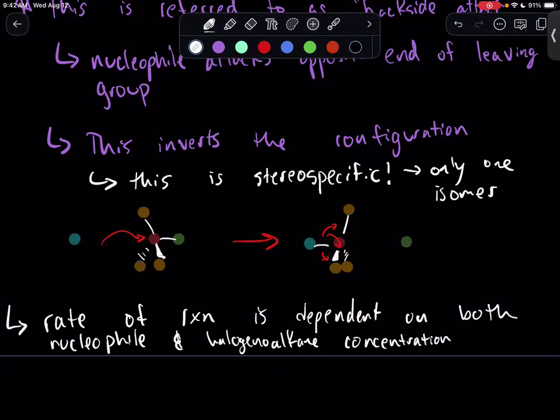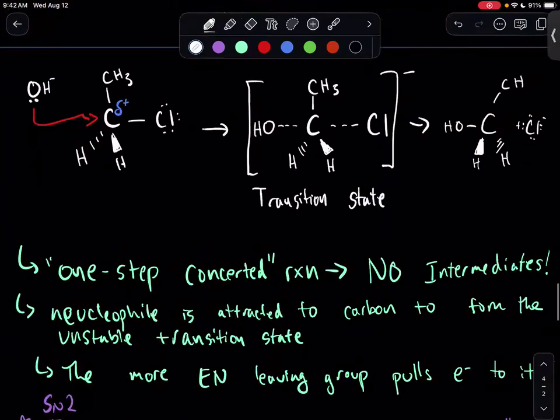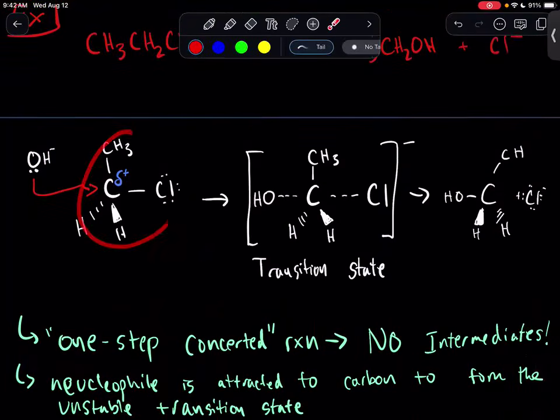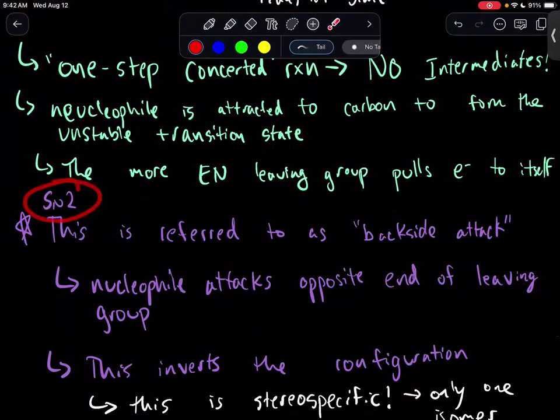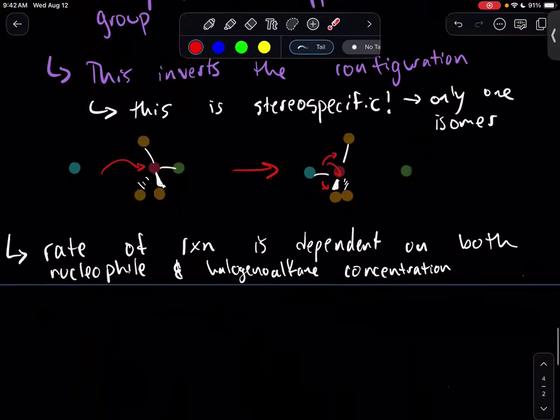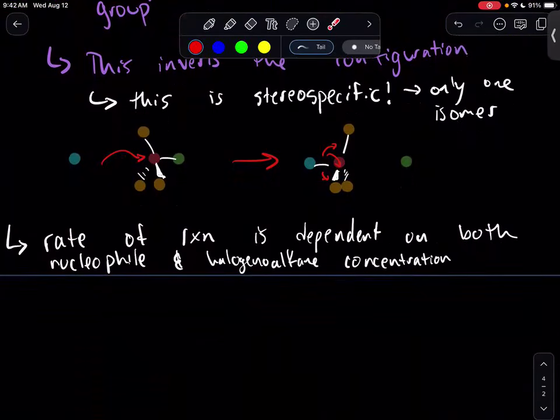You know it's bimolecular because our two reactants all the way up here are our halogenoalkane and our nucleophile. This elementary step, being the only step in this one-step reaction, has two reactants. It's bimolecular, which we know because we called it an SN2 reaction. And it's really dependent on how those two collide.